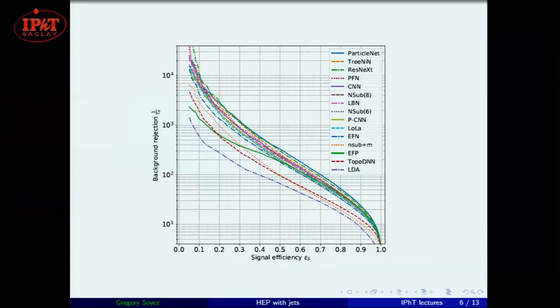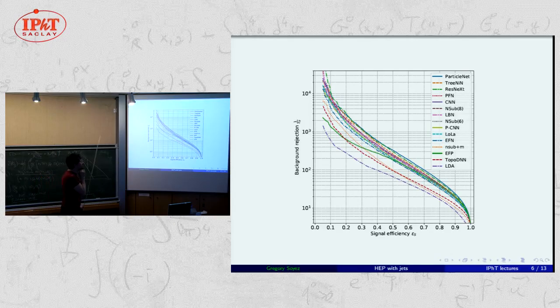This is the same kind of thing for top, from a recent study done probably last year, where each curve here is a machine learning technique. All of these points are, again, some network-based and subjectiveness variables, some connected networks, some energy flow networks, energy flow polynomials, all sorts of particle nets essentially for vector-based.